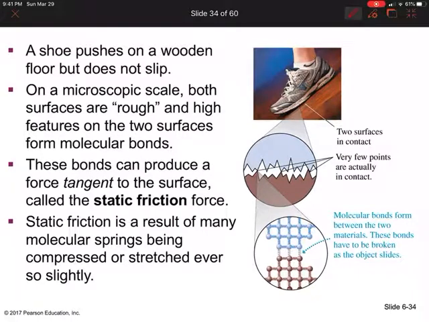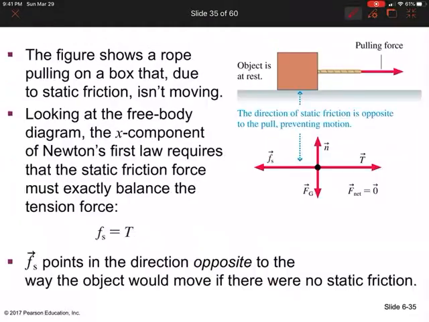Okay, and so they're experiencing static friction. And static friction is just a result of basically molecular springs. You can see these little springs here that are being compressed or stretched depending on the situation. And if it goes too far, then they'll break and then you will slide. Okay?